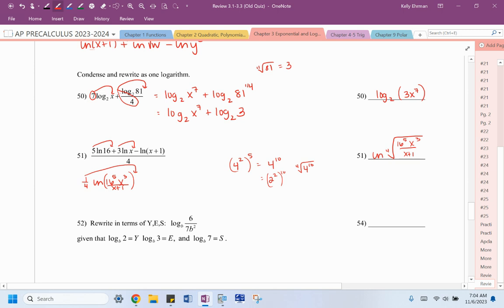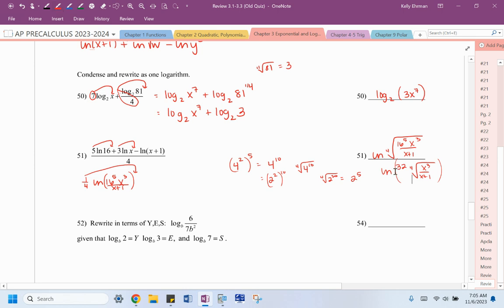So 2 squared to the 10th is 2 to the 20th. Now we're getting somewhere. 2 to the 20th over 4 is 2 to the 5th. So I guess that does simplify. That's kind of nice. We can pull a 32 out. The 4th root of 16 to the 5th is 32. And then there's a 4th root of x to the 3rd over x plus 1.